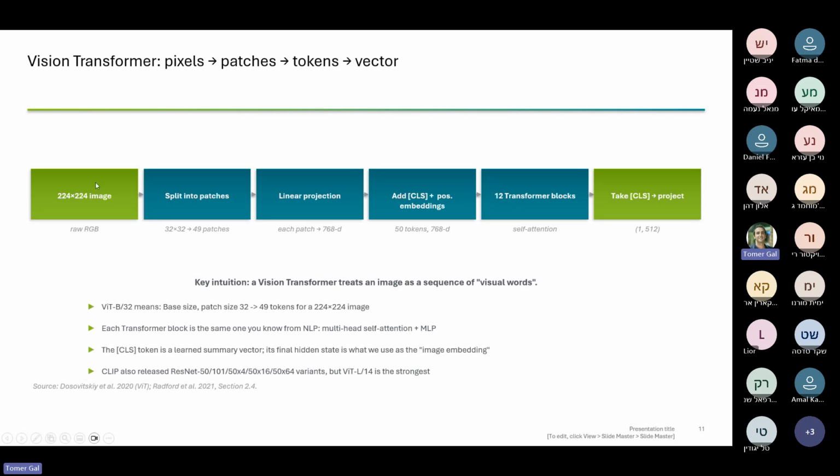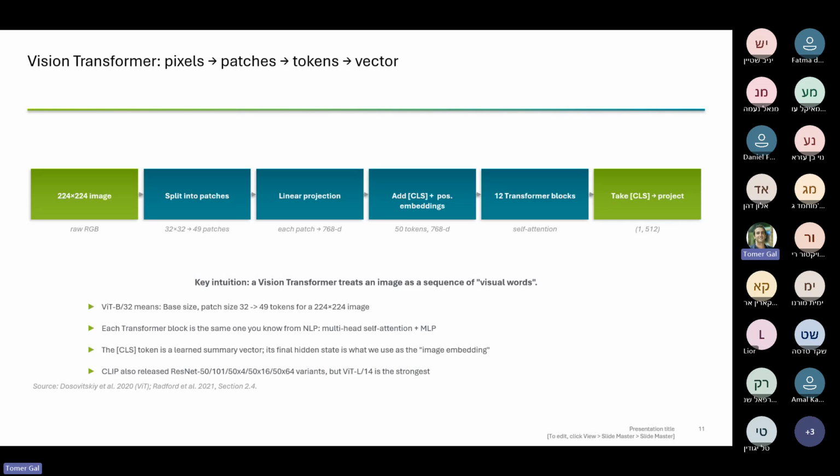Okay, so we had these patches, and the linear projection of them, right? All of these vectors are the visual words that it has for an image. Now each transformer block is the same as the ones you know from NLP, of course: multi-head self-attention.